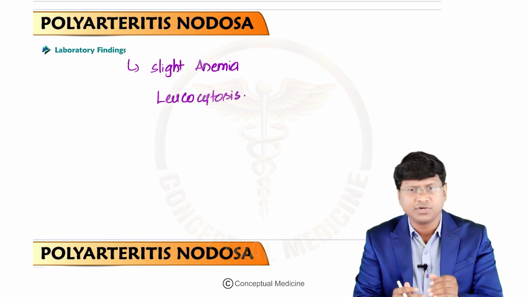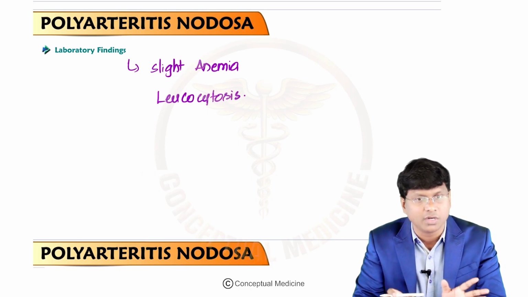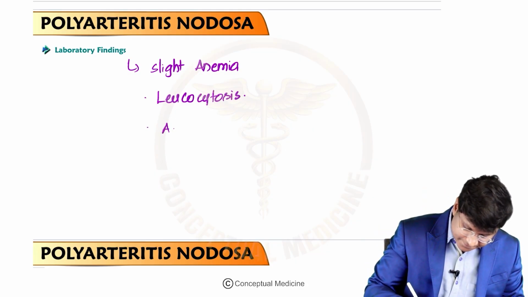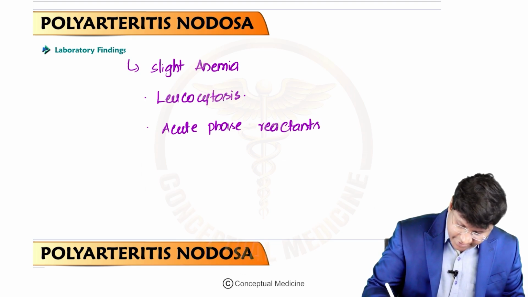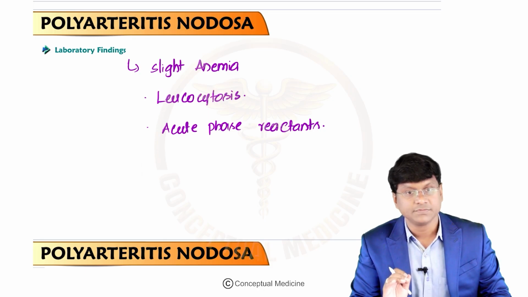And apart from that, because it is an inflammatory disorder, acute phase reactants are often strikingly elevated. It is not always, but very frequently these acute phase reactants are elevated.